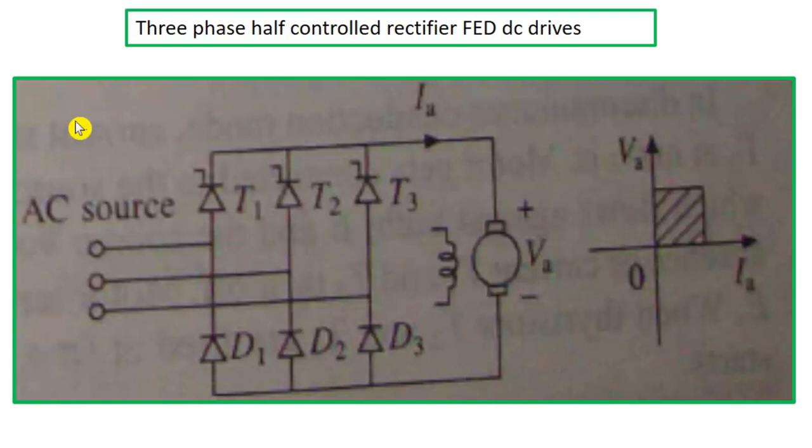So the number of components required to control this 3-phase half controlled rectifier is comparatively lesser, because only 3 drivers are required. 3 driver circuits we have to connect to control the switching pulses. So it is comparatively easier, but fourth quadrant operation is not possible using this one, and current will always be positive, and first quadrant operation is achieved to control the speed of the motor.